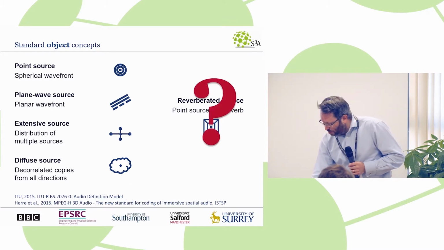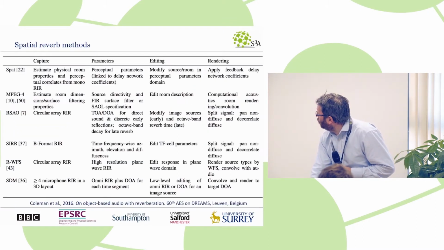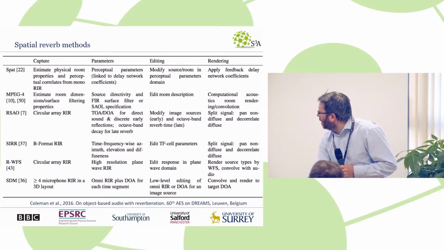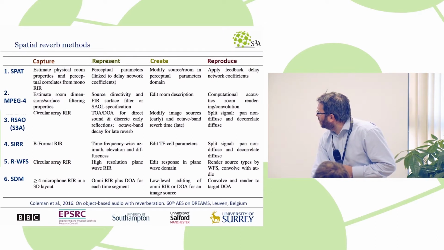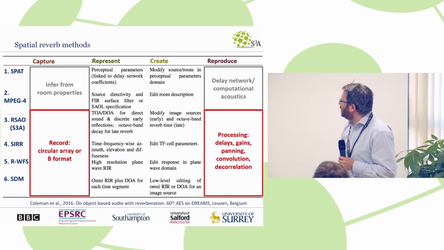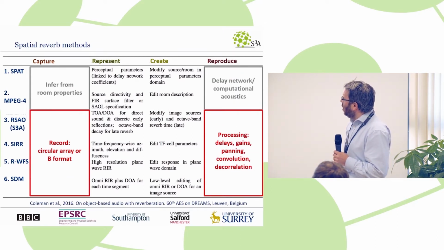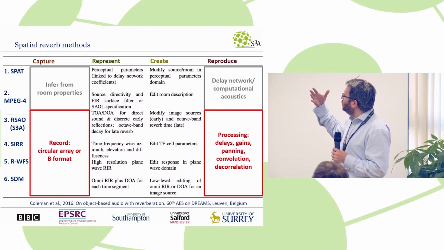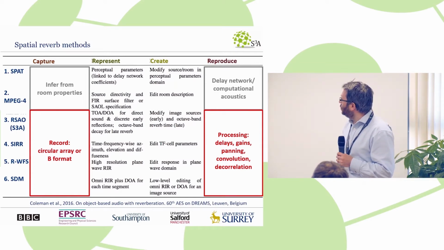And so to begin to unpack that, we first had a look at the literature on spatial reverb, and we could unpack the main ideas here into some groups. So at the top, we have methods that make a model of a room and then use some computational network to produce the audio.